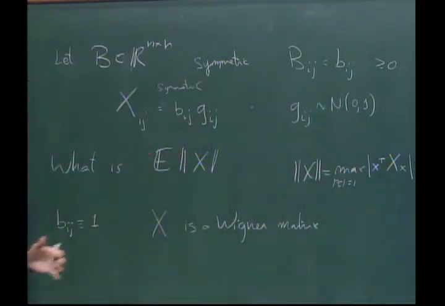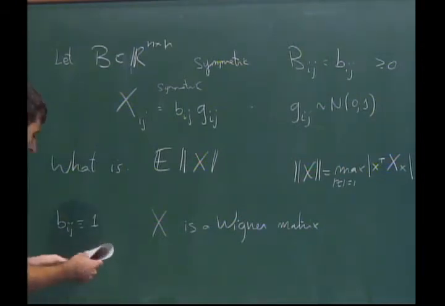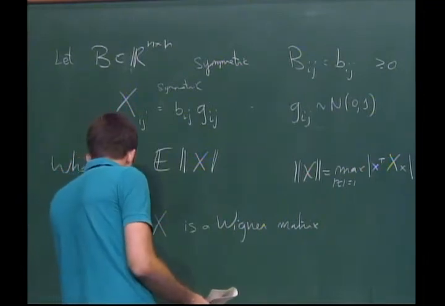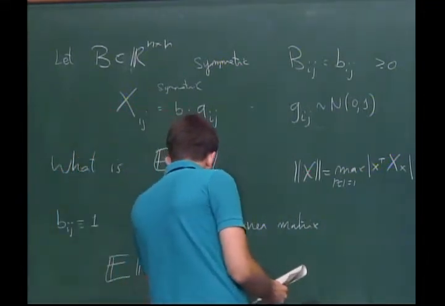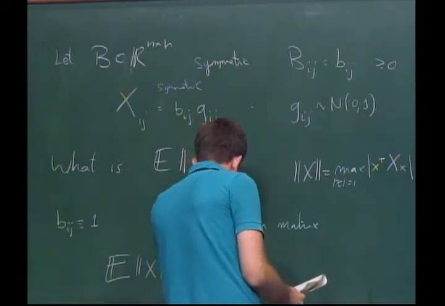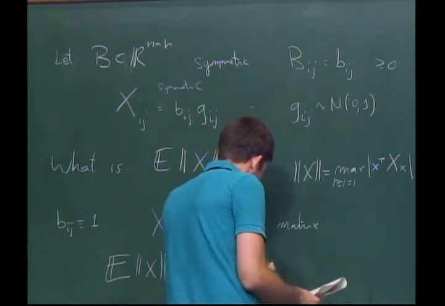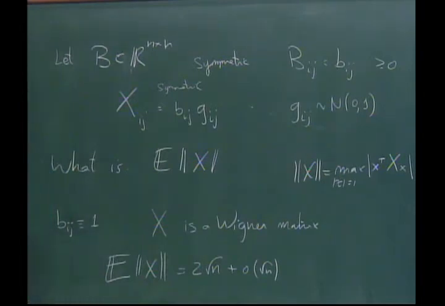It's just an n by n matrix where all the entries are independent, IID Gaussian 0, 1, and we know the answer in this case. The answer is 2 times square root n plus some little o of that.